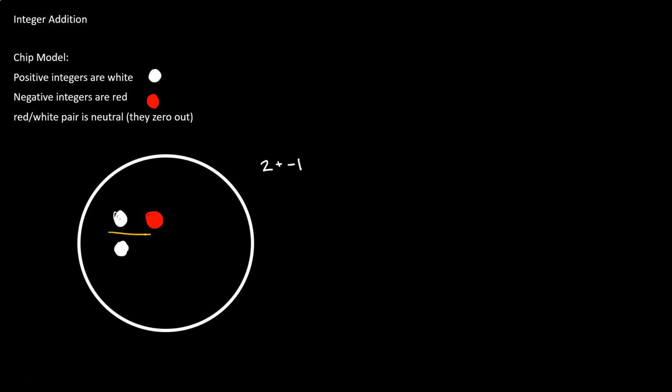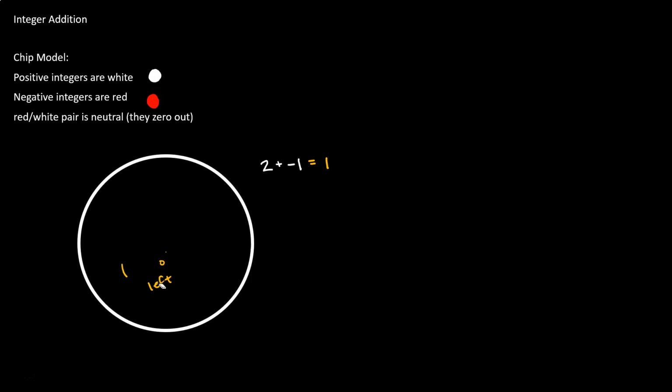If you have a neutral pair, maybe circle it, or if you're working with physical manipulatives, you could just take it out of the picture. Once those are gone, you're left with exactly 1 positive chip left over. Which means the sum 2 plus negative 1 equals positive 1.